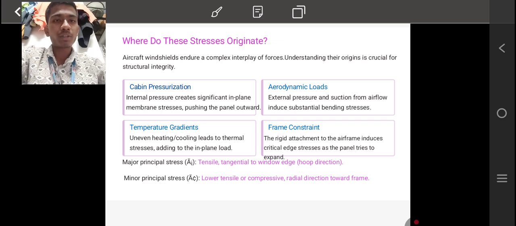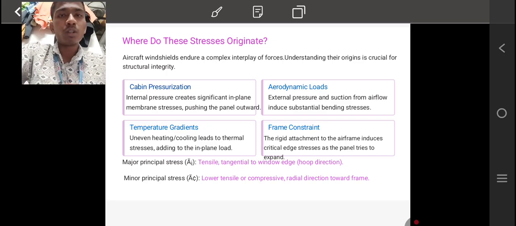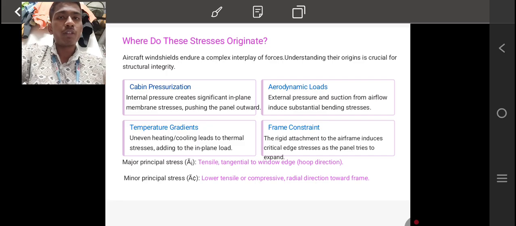Third is temperature gradient. Uneven heating and cooling lead to thermal stresses, adding to the in-plane load. Due to airflow, friction happens between the windshield and the flowing air.